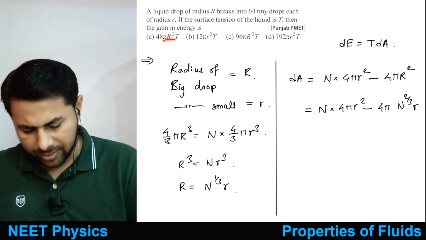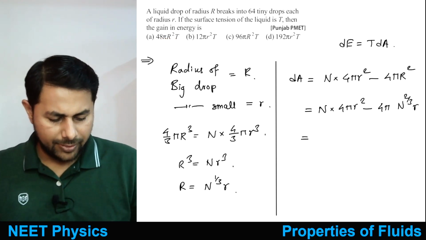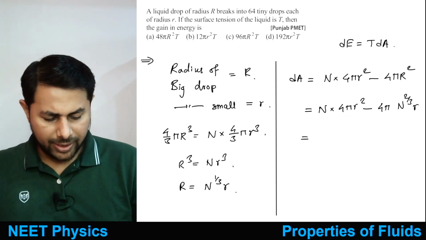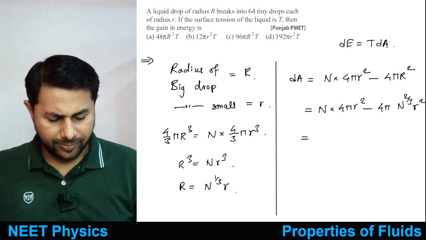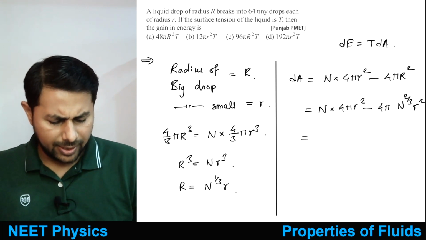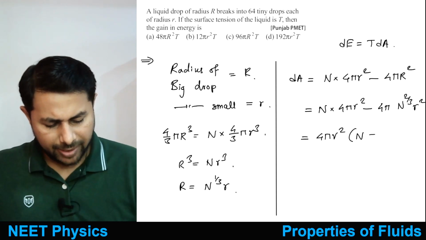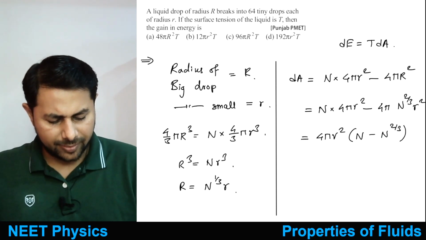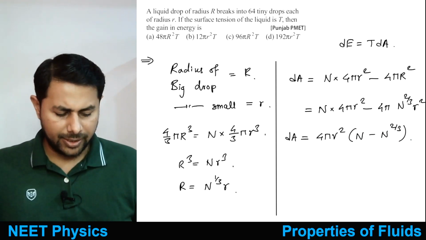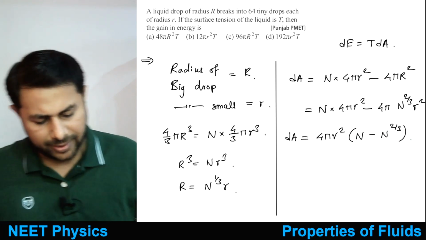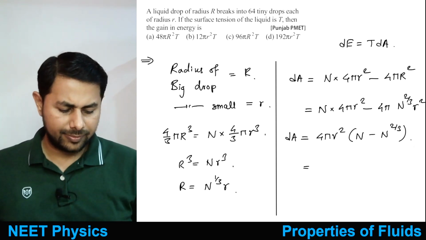Some options are in terms of capital R, some are in terms of small r, so we need to solve this. Then you can take 4 pi r square common. So what remains is 4 pi r square multiplied by n minus n raised to 2 by 3. This thing is clear, everyone?